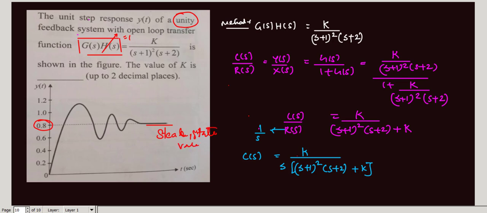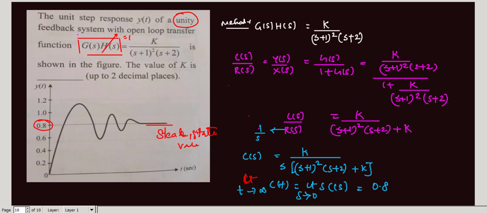Okay, so by the final value theorem, limit t tends to infinity of c of t equals limit s tends to 0 of s into C of s, which equals 0.8.